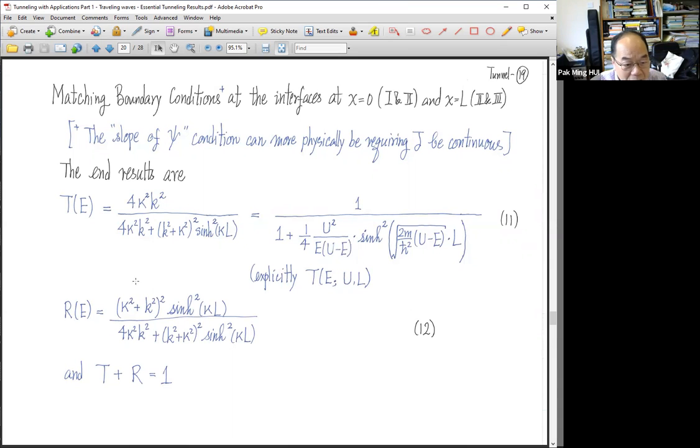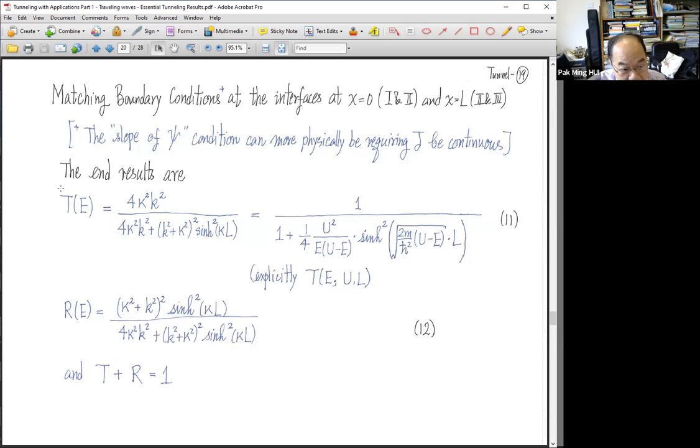Okay, now you can also solve for the ratio B over A, which is the reflection coefficient, and then you get another expression. You plug in all the parameters, you also get a corresponding formula with all the problem parameters in it.